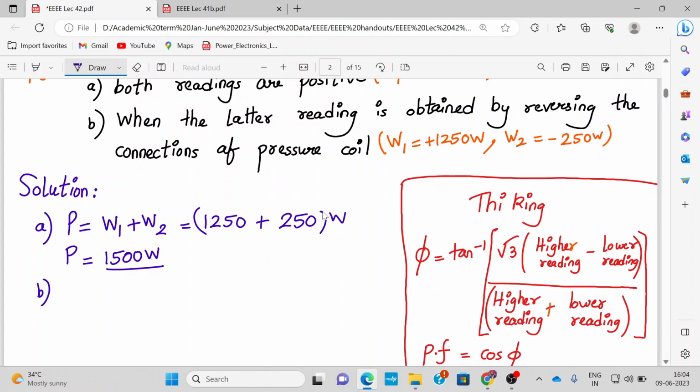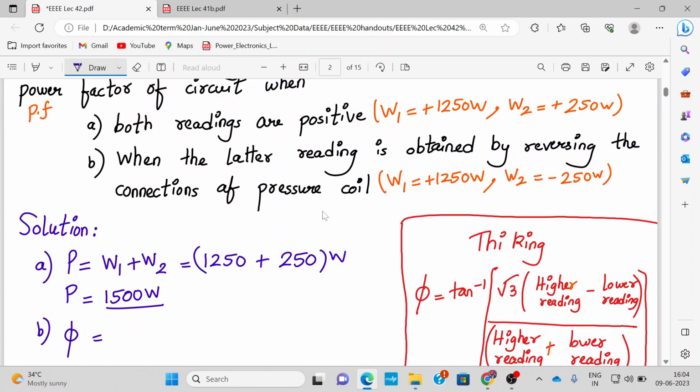Next we have to calculate the power factor. For that we have to calculate the phase angle phi. Let's say that W1 is the higher reading and W2 is the lower reading.